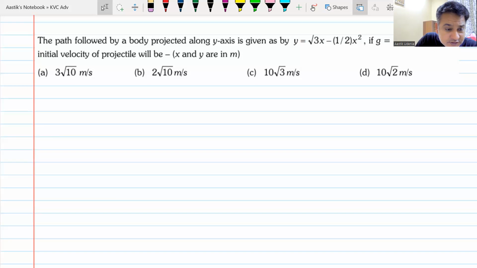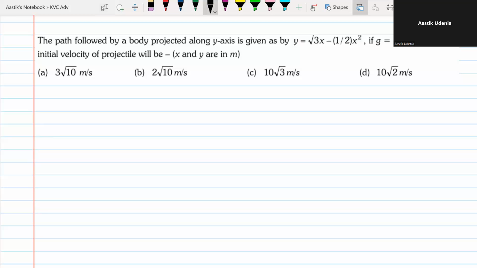And I give you 1 minute to solve this. This is question number 2.